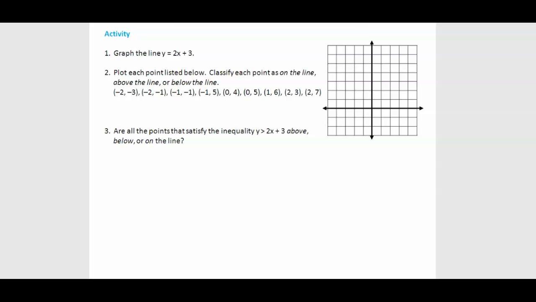The 2 represents the slope. So that tells you the graph goes up 2 and over 1 from my y-intercept. It can also go down 2 and left 1.